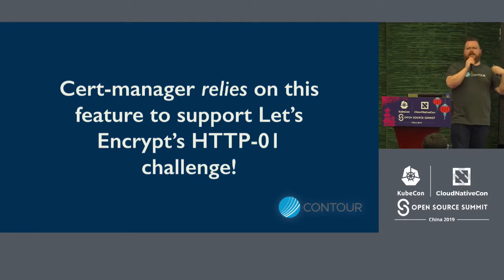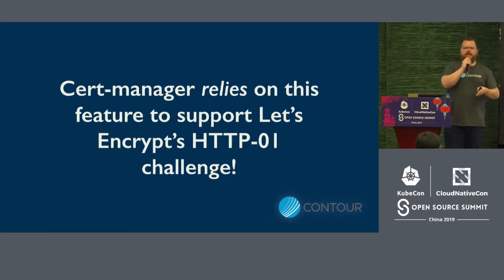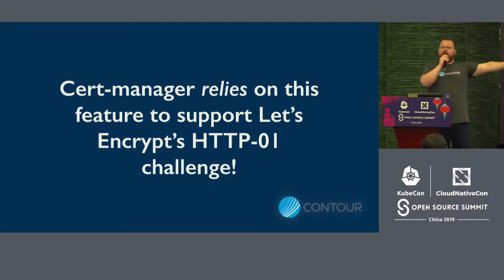The way that Cert Manager answers the HTTP-01 challenge is it edits its Ingress record in its namespace to project /.well-known into your Ingress. And this is how the product works. We can't disable this feature unless you want to disable helpers like Cert Manager.